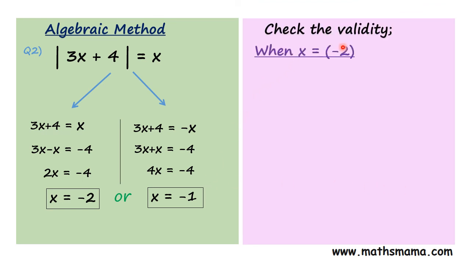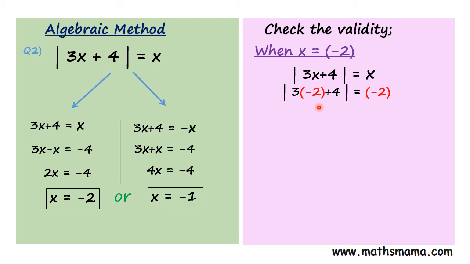Moving on to checking the validity of your answers. When you substitute x equal to negative 2, we get the modulus of 3 times negative 2 plus 4 equal to negative 2. Even from this line you can decide whether it's valid or not.